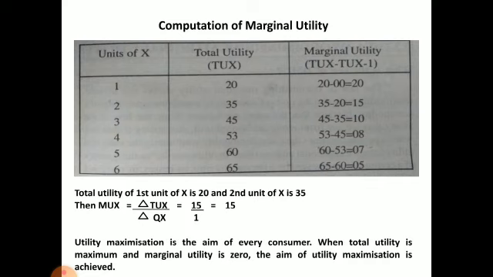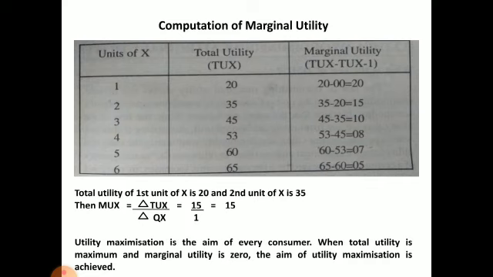So the marginal utility of x is equal to delta TUX, that is 35 minus 20, which is 15, divided by delta QX, which is how many units are consumed extra? 1 unit. The change in the unit is 1. So 15 divided by 1, that is equal to 15.